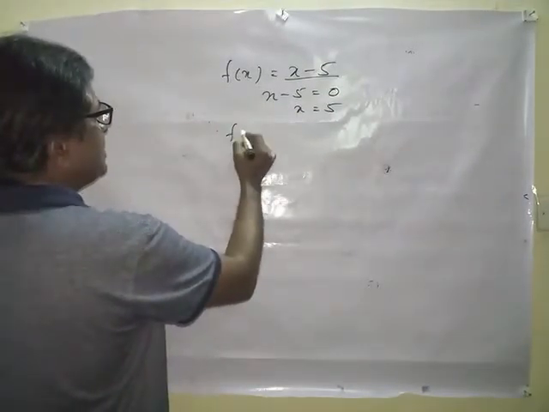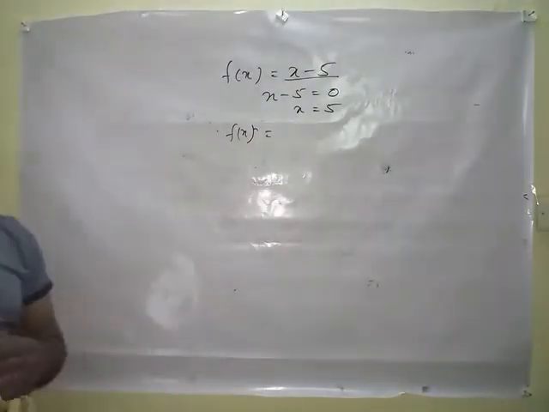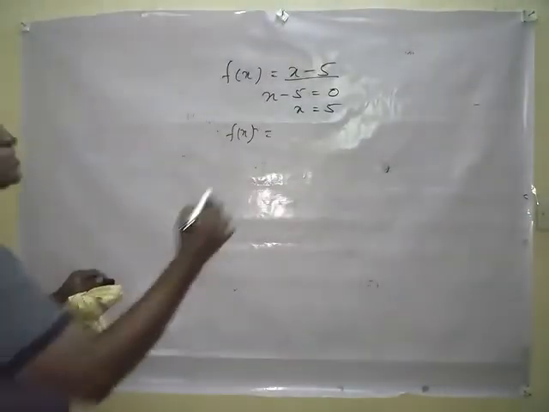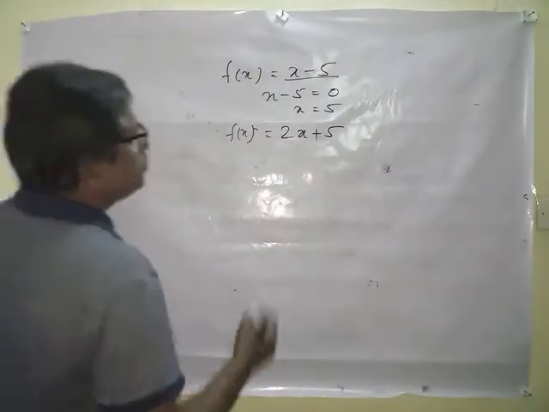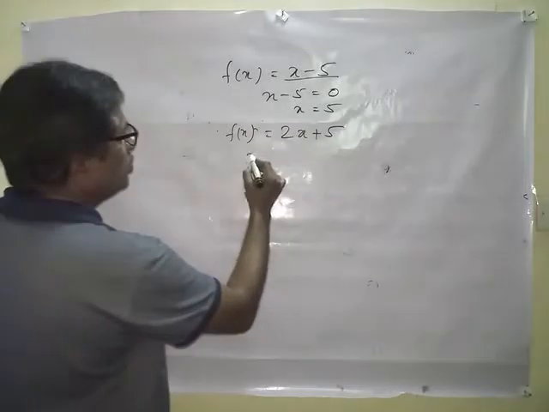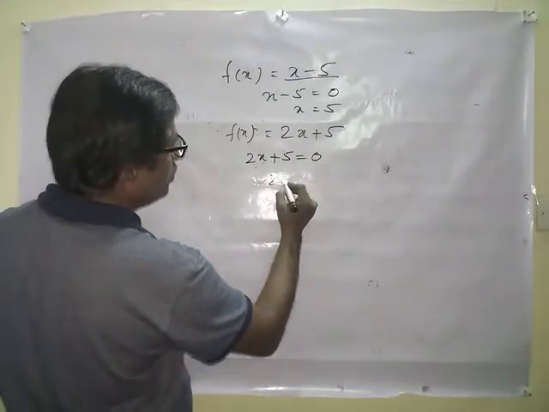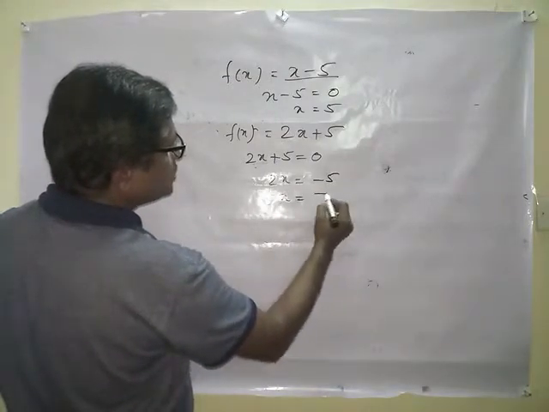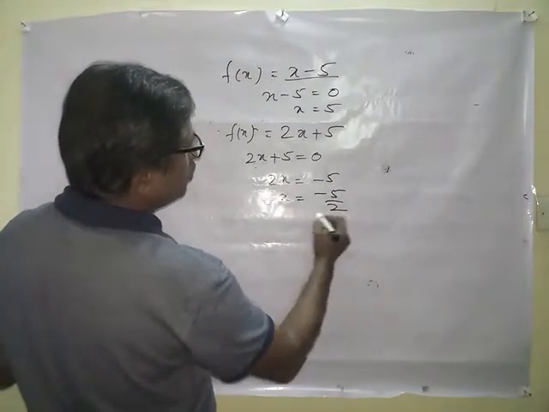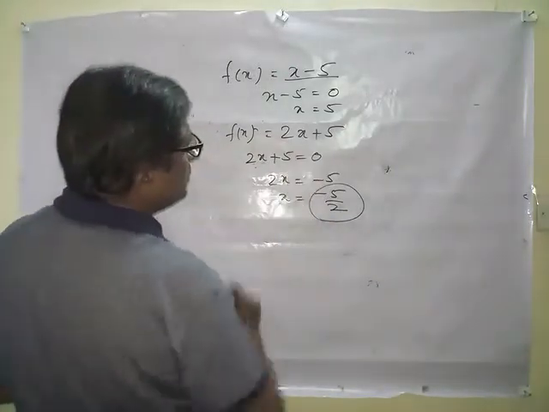Say another is given, f(x) equal to 2x plus 5, and you are asked to find the zero root. What do you have to do? 2x plus 5 is equal to 0, 2x is equal to minus 5, x is equal to minus 5 upon 2. So this is the zero or root of this equation.